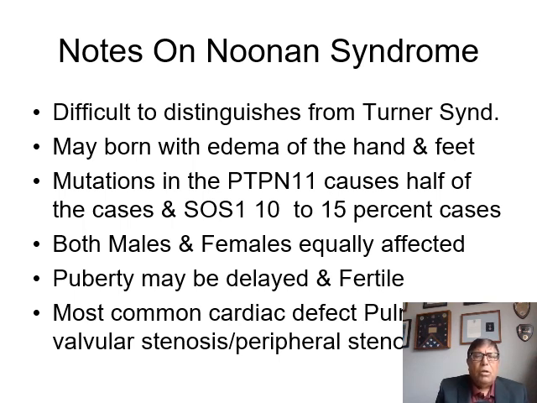Now, the growth hormone administration is also recommended in Noonan syndrome, and both of them will have some good result, but the Turner probably more so than the Noonan. And it has been found that the timing to start the growth hormone both in Turner and Noonan is important.